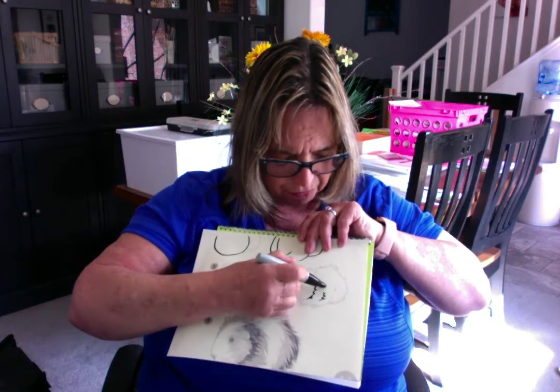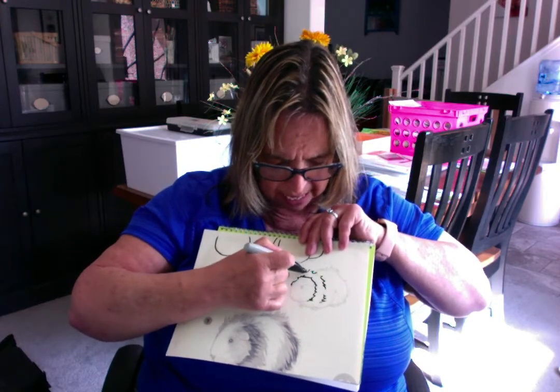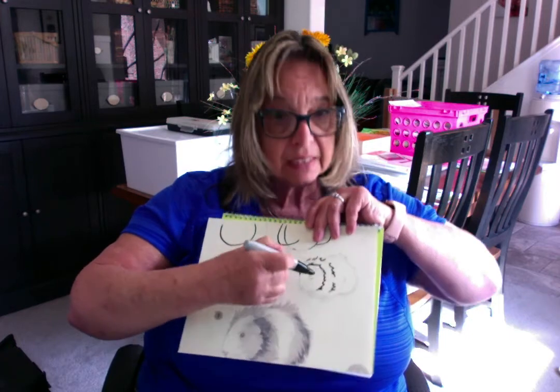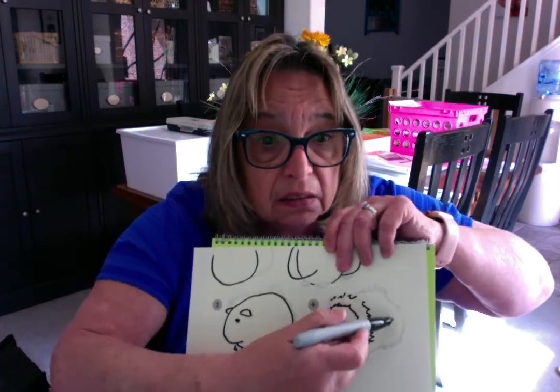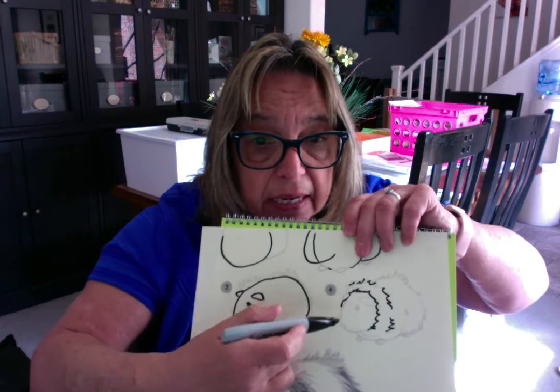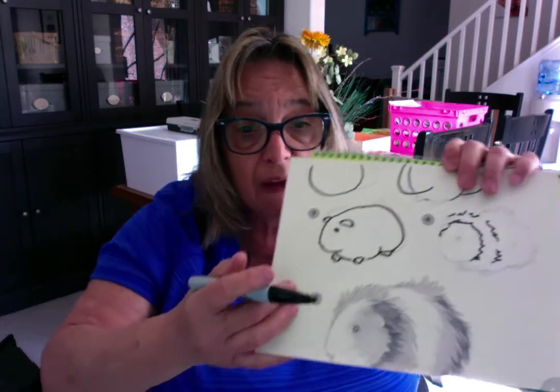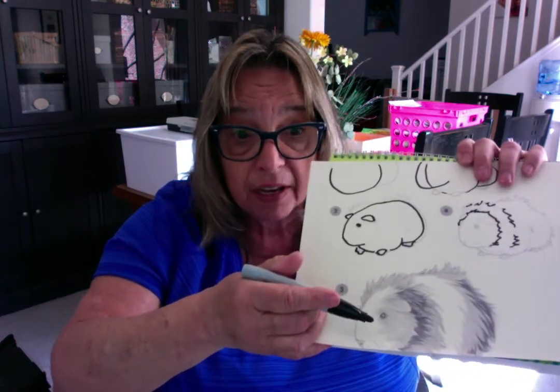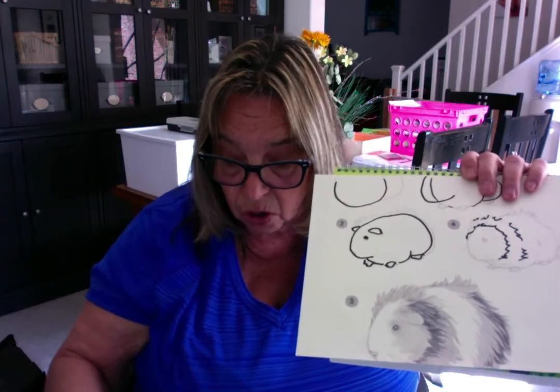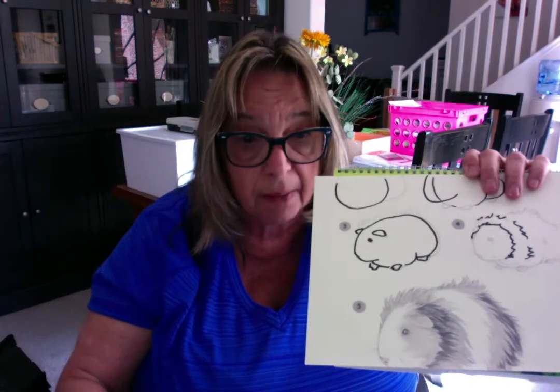And then some extra fur around it because this is an Angora guinea pig, and he's got his paws that you can see. It's kind of hard to see, but you can see it instead of me taking the time to draw. And then at the very bottom, he's all furry, and you can use a pencil or crayons and color them in however you want.